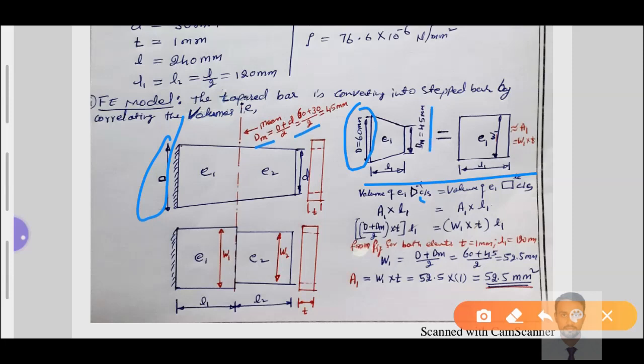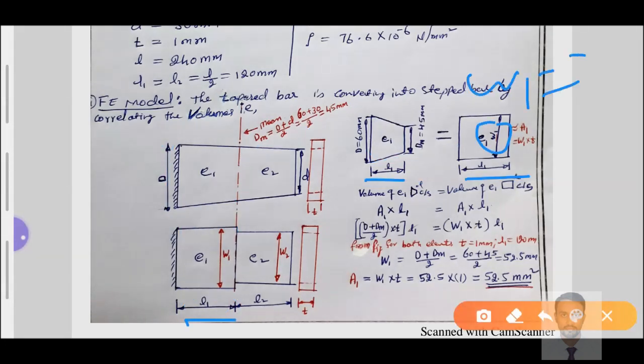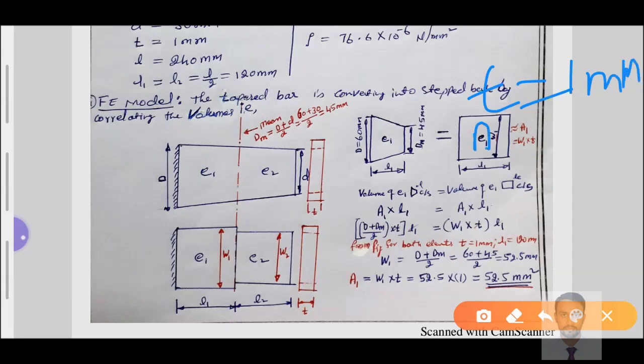After getting both values, the length of the element L1 from this point to the next point remains the same, but the width does not remain the same. W1 is equal to question mark, which we need to find in the given problem. Why? To find the area of cross section A1 for this element, we are doing this process.